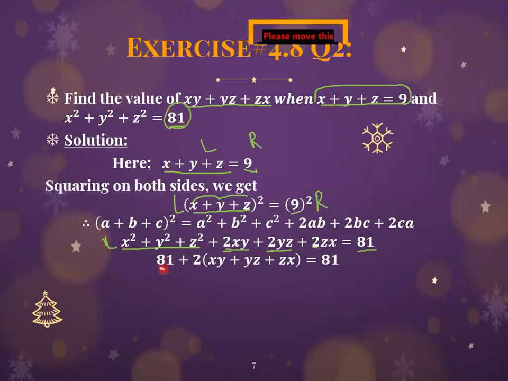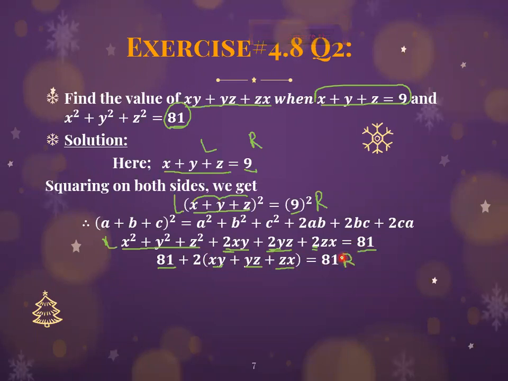So instead of this you will write 81. But here you will take 2 as common, and write plus 2, and inside the bracket you write xy plus yz plus zx, and it will be equal to your right side, which is 81.